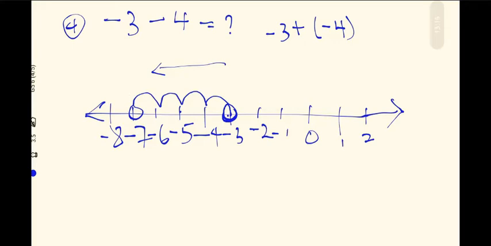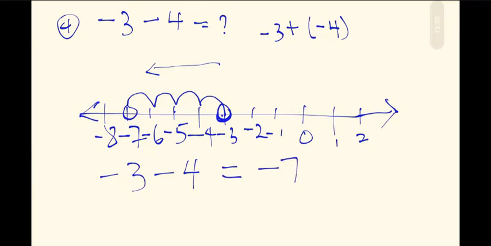So -3, -4 gives us -7. Yes, so it's more like subtracting 4 from -3. And when we are subtracting, we move this way. So like that, in that order.